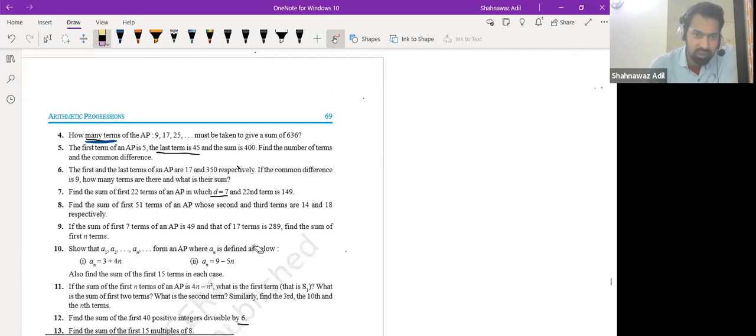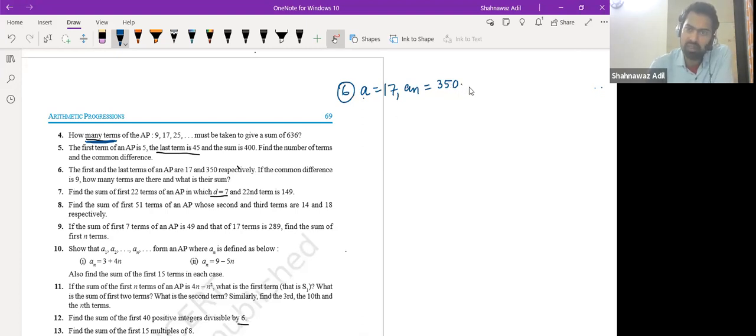Okay, so the sixth one, right? The first and the last term of an AP are 17 and 350 respectively. So in the sixth question, we have A, which is 17, and An, which is 350, right?